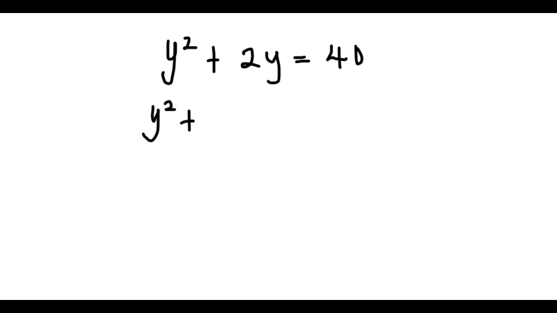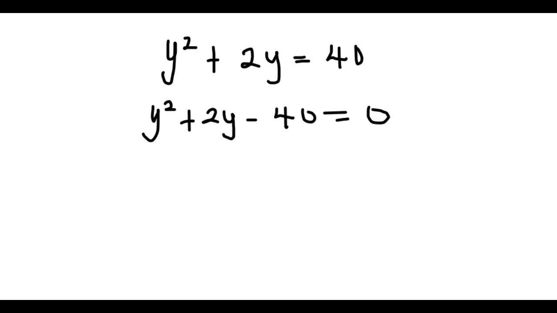y squared plus 2y minus 40 equals 0. From here, we can then use the quadratic formula to solve this.